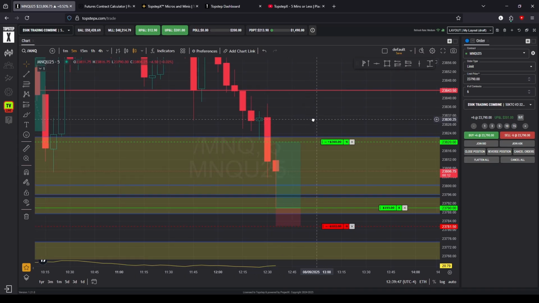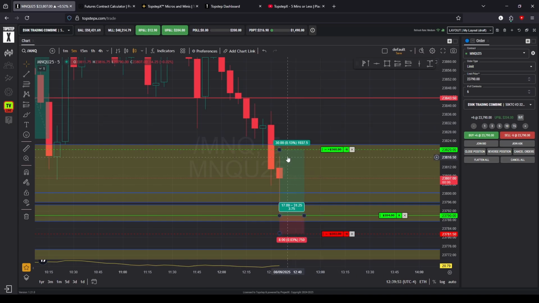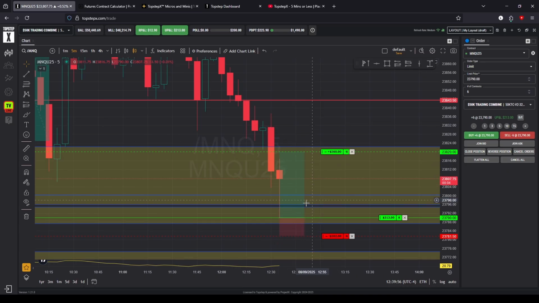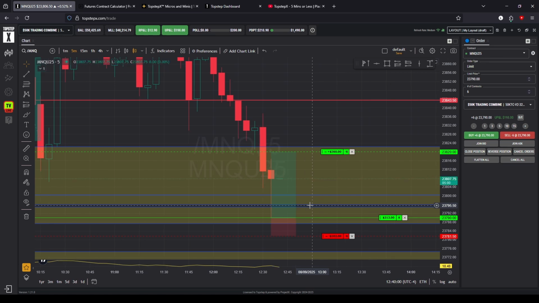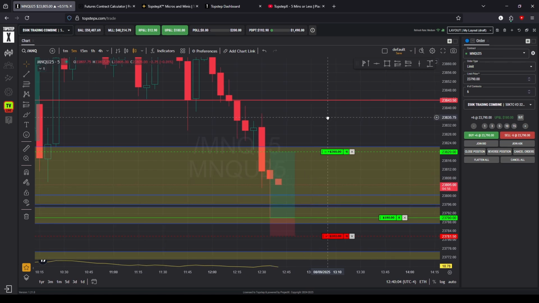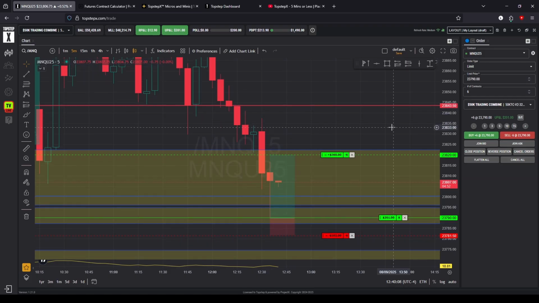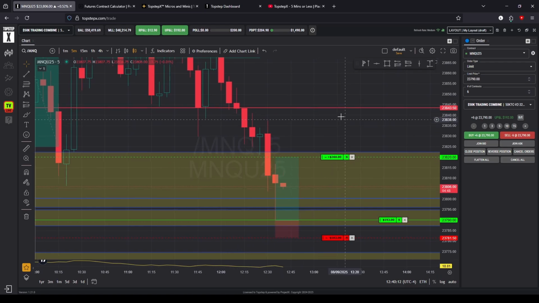I probably don't need to risk 100. If it closes on a green, then I'll move my stop loss at least until here, in the middle. Okay, so it closed on a red. I could just risk 100. If it closes on me, then it's probably okay.